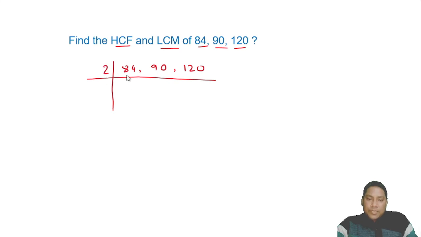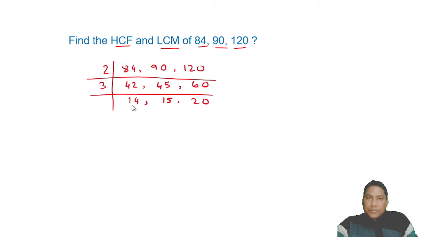If we divide by 2, it will become 42, 45 and 60. Again the next number is not 2 because 45 is not completely divided by 2. The next number is 3 because 3 completely divides 42, 45 and 60. It is 14 3s are 42, 15 3s are 45 and 20.